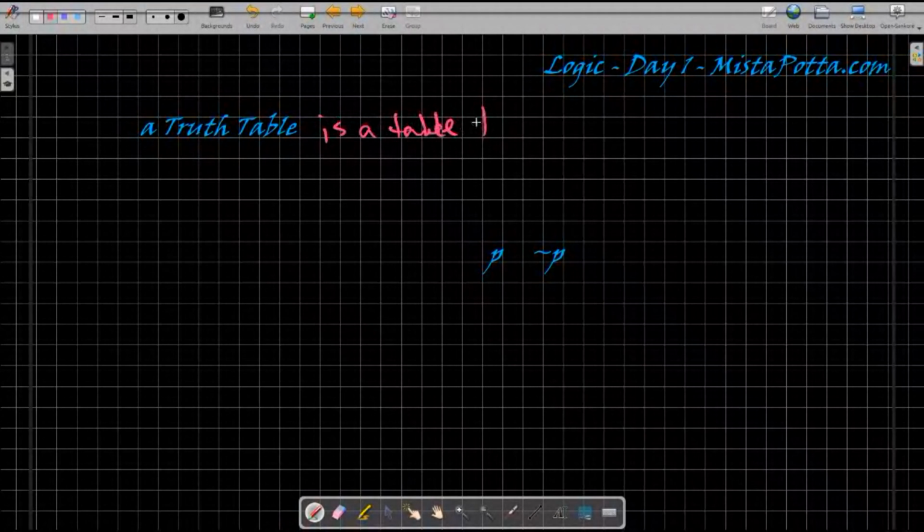A truth table is a table that shows all possible truth outcomes. Okay? A truth table is a table that, what makes it different from other tables? It shows all possible truth outcomes.